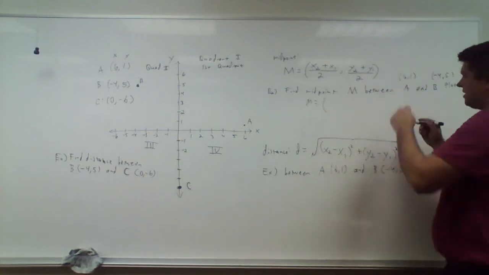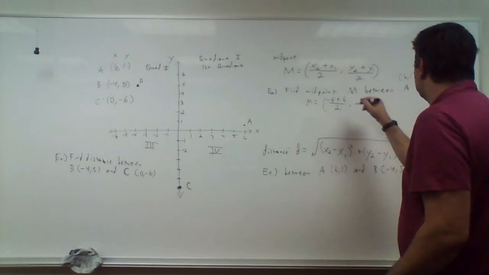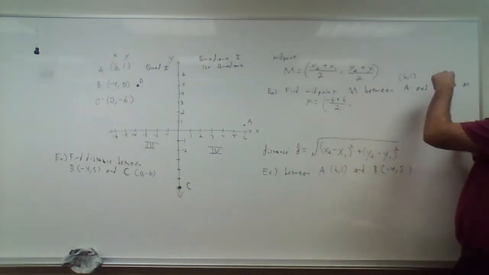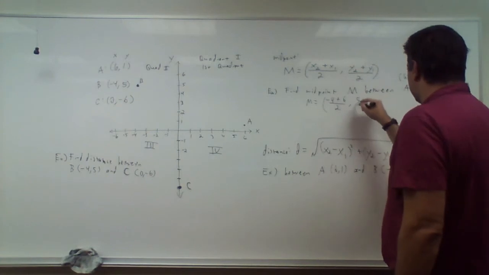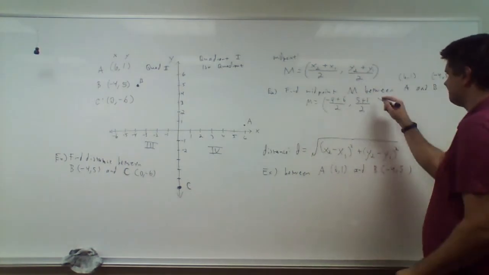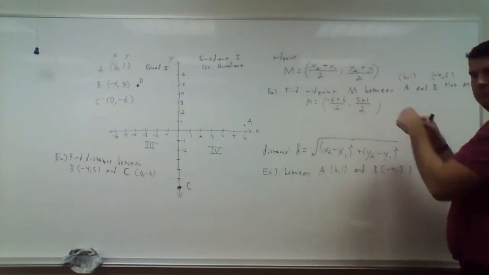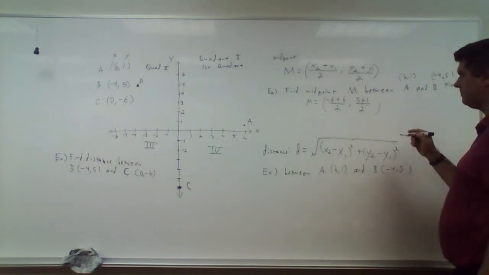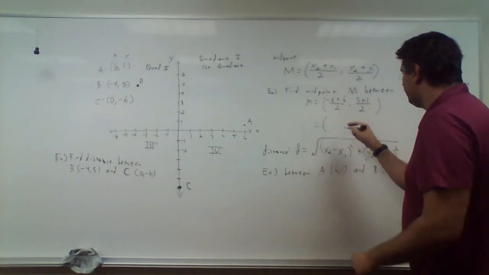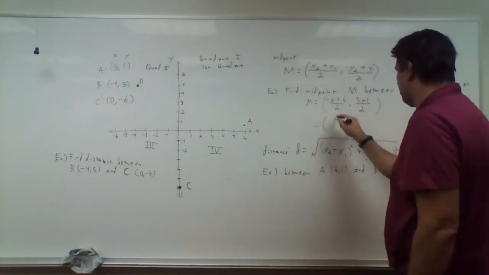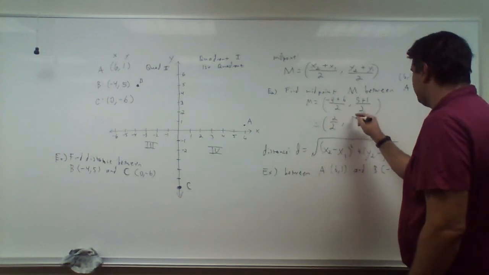second x plus first x over 2. Then for the y's, 5 plus 1. X's, y's. Okay? Well, -4 plus 6 is 2. 5 plus 1 is 3.